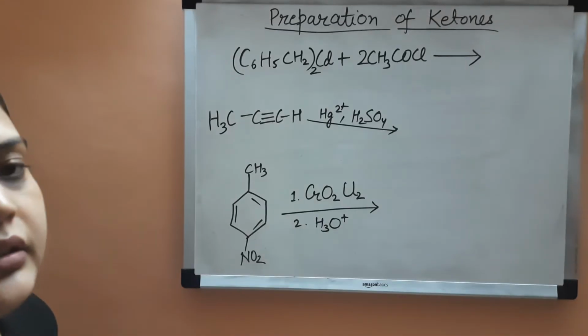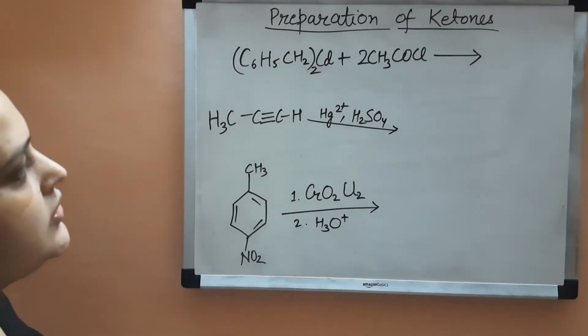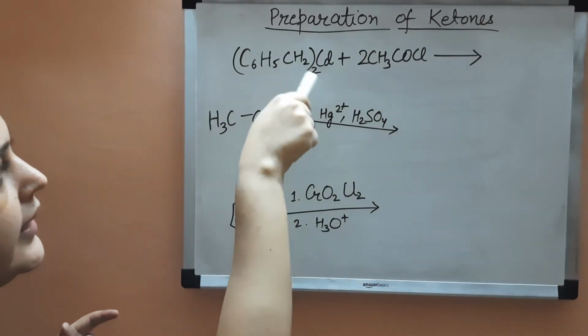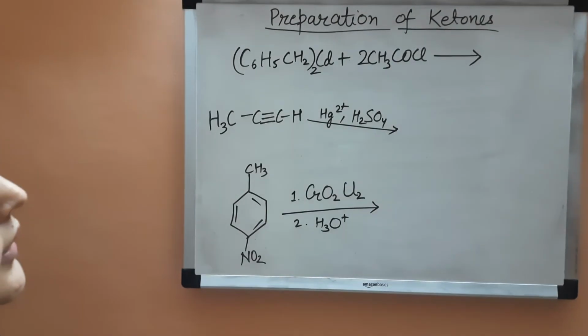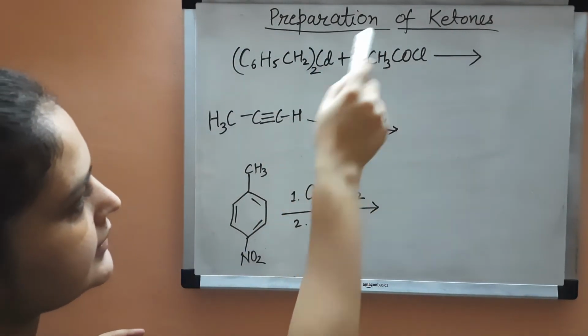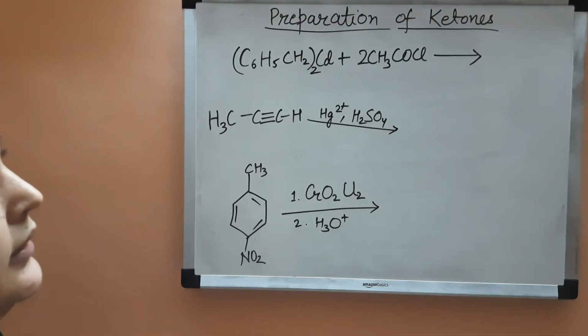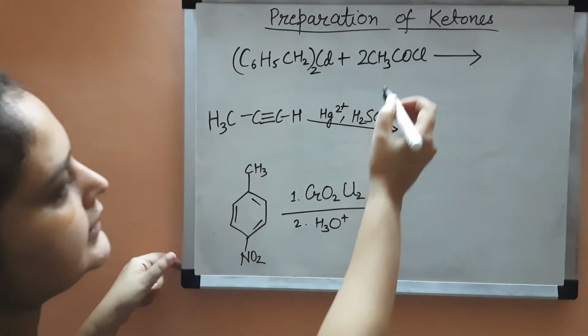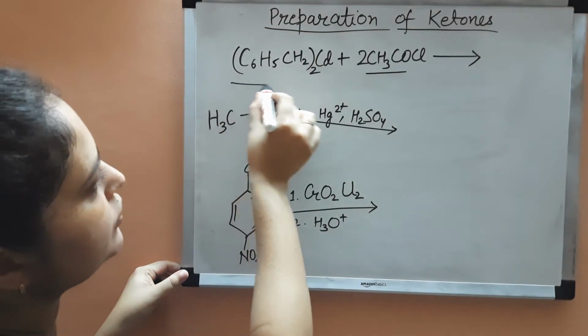The first reaction is one in which we have used dialkyl cadmium. We have studied today itself that if we add dialkyl cadmium to acid chloride, acyl chloride, then ketone is formed. What ketone will be formed? This CH3CO will get attached to the alkyl group.